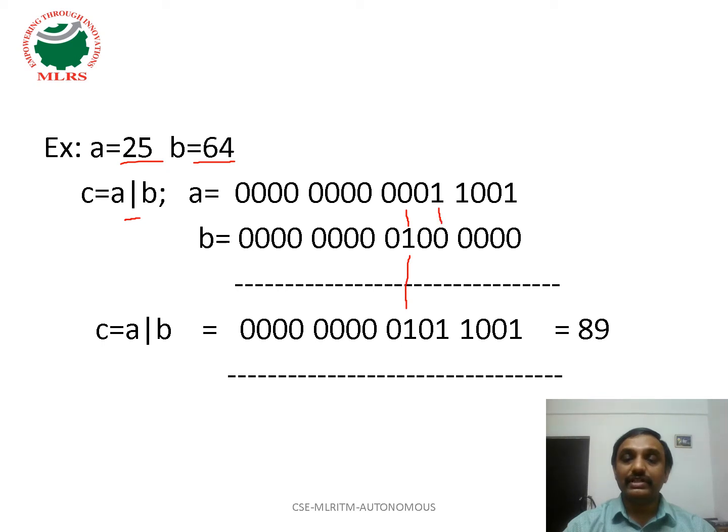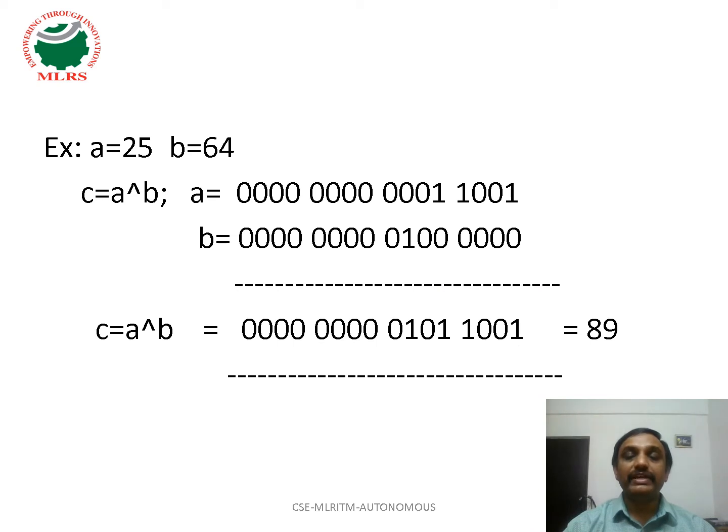Here 1, 0, the result is 1. Here 1, 0, the result is 1. In the remaining cases, both the values are 0, that's why the result is 0. So this is the result you got in binary form. That you have to convert into decimal form. So the total result becomes 89.